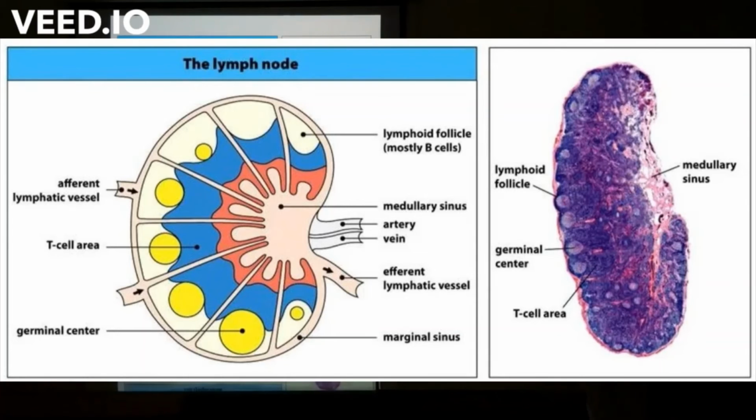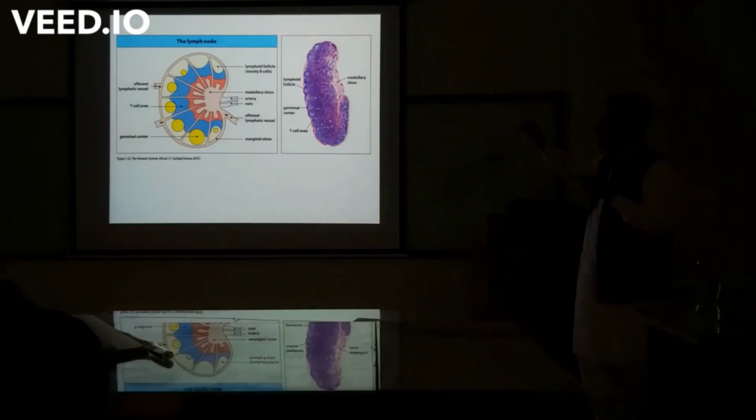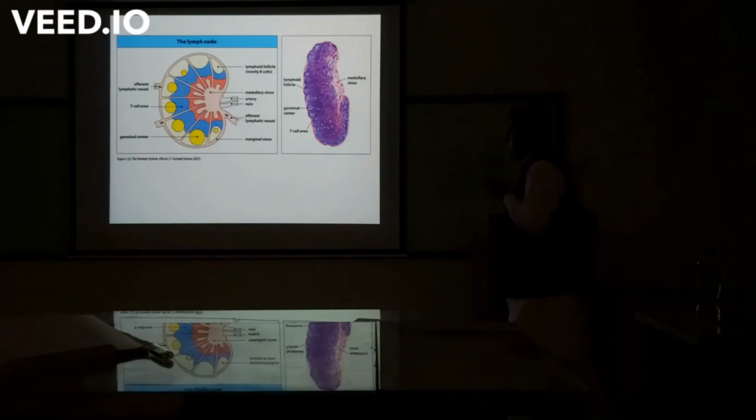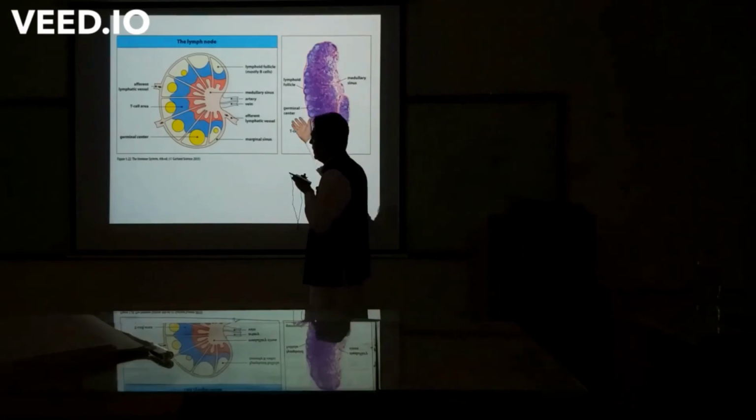Okay, but the efferent lymphatic or the efferent duct which is going to take the lymph out of the lymph node is usually one. Okay, so in secondary lymphoid organs you can find a number of afferent lymphatic vessels that are going to join together to make a node-like structure, and then a single efferent lymphatic vessel is going to take the rest of the lymph coming out of this node into the circulation.